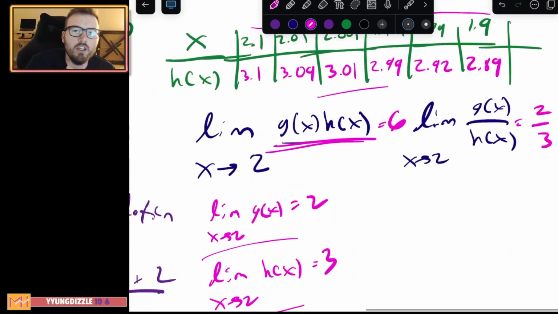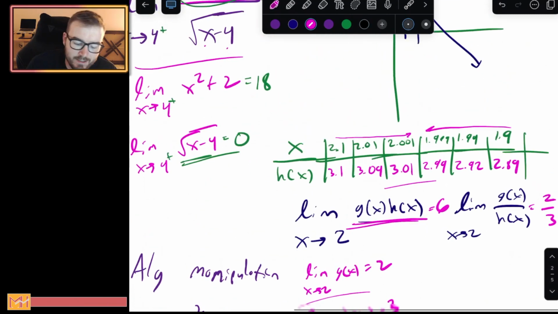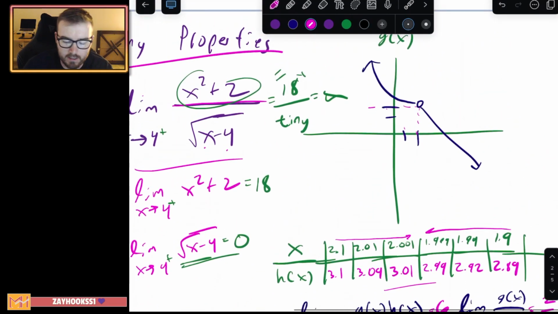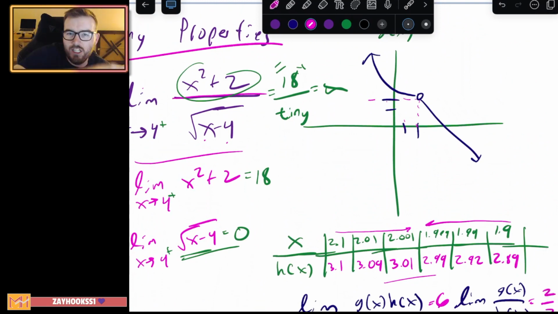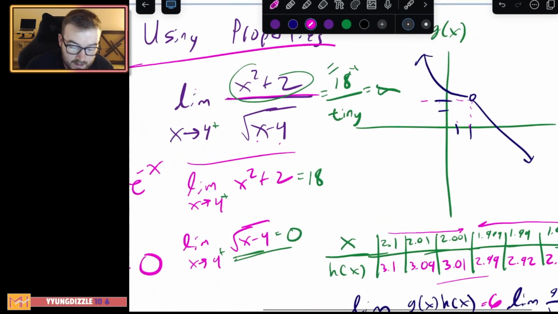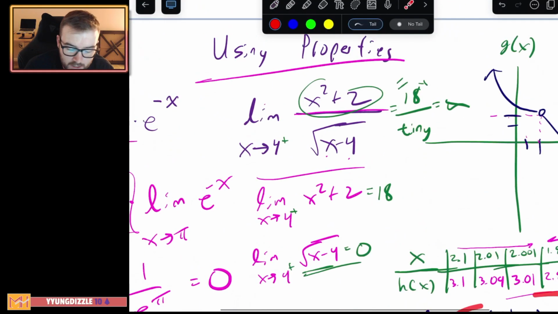So whether we know the function or not, we can still think about this in chunks. I can see the g graph, I can see the h table, and I'm thinking, okay, I know where g's headed, I know where h is headed. What does that mean when I divide these two functions? This problem is truly no different than this.